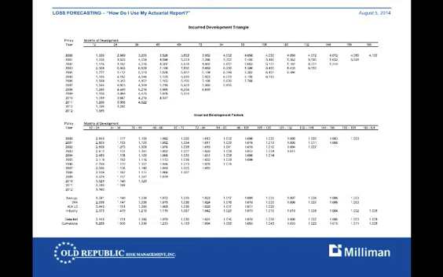This means that a loss at 12 months of development will tend to develop 2.8 times when it reaches 24 months of development. The calculations that follow below are done in a similar fashion, and they show how each group of claims at a particular point in time tends to develop over the next point in time.